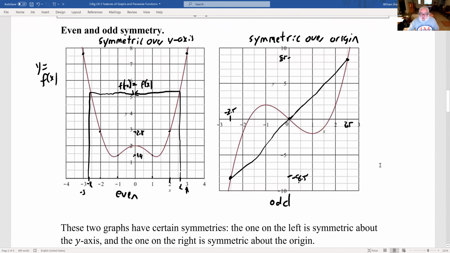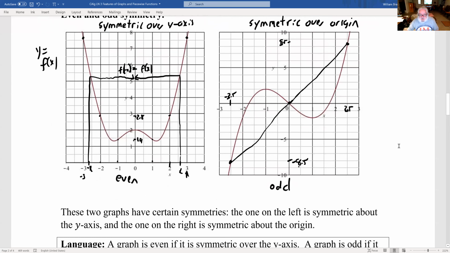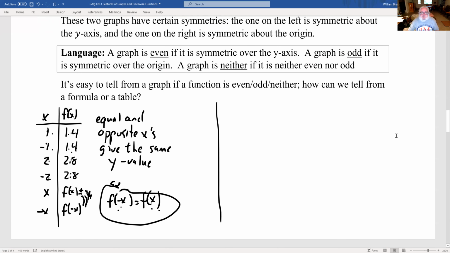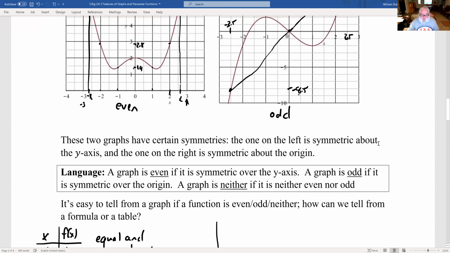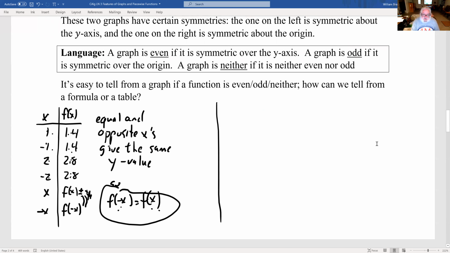How about this one? Well, we just saw that if you take 2.5 and plug it in, you get about 8.5. We'll call this function g of x, just so that we have a label for it. Okay, so x and g of x.